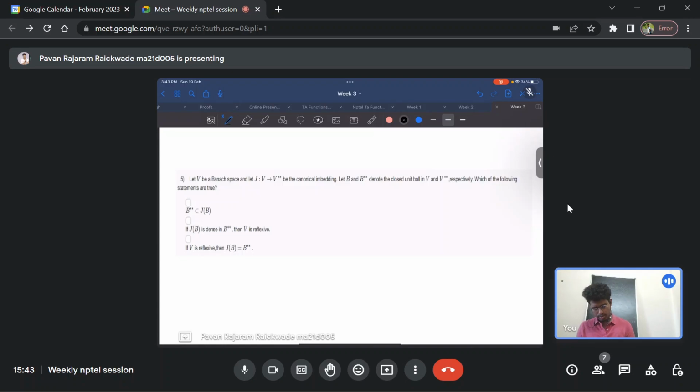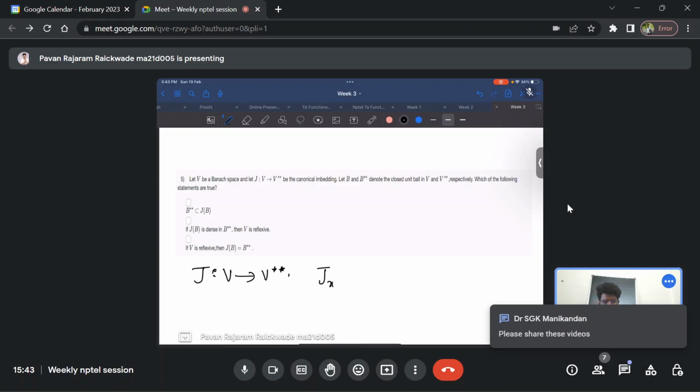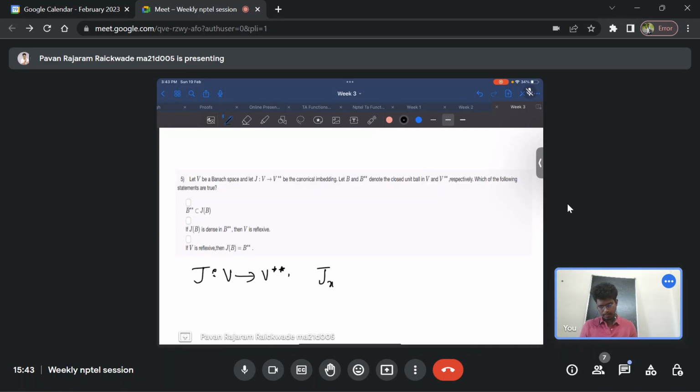So the canonical mapping J is from V to V star star, defined by Jx, which will be a linear functional on V star. So Jx at f will be equal to f of x. This is how it is defined. This is the canonical mapping.